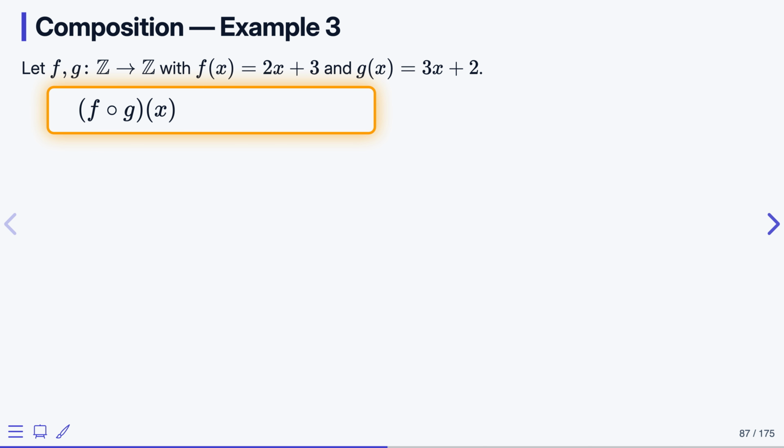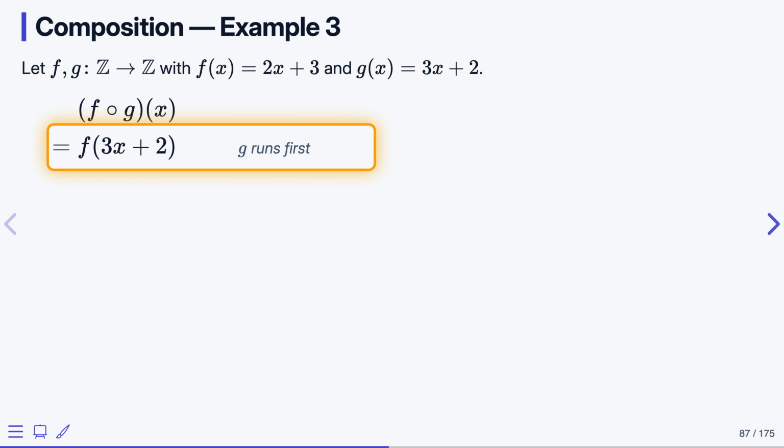One more composition, this time with integer formulas. Let f of x equal 2x plus 3, and let g of x equal 3x plus 2. We do f circle g here, and g circle f on the next slide. Step 1. In f circle g, the inner function g runs first. G of x is 3x plus 2, so we have f of the quantity 3x plus 2.